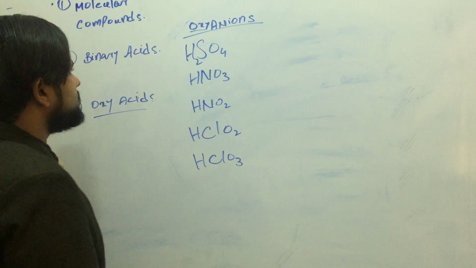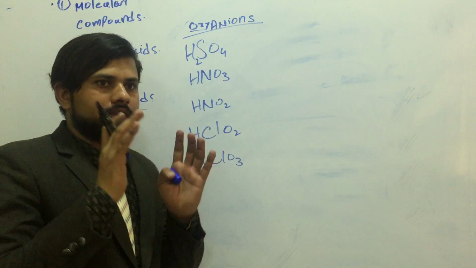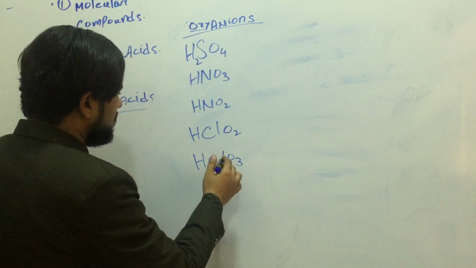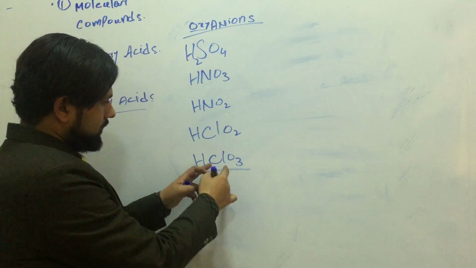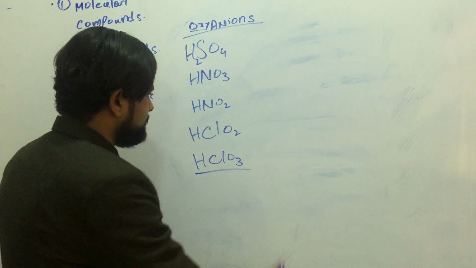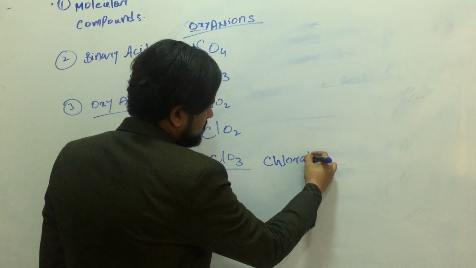Very simple. You should know the name of your oxyanion that you are going to put in your acid. So for example, in this acid you put there ClO3, chlorate. So the oxyanion name is chlorate.